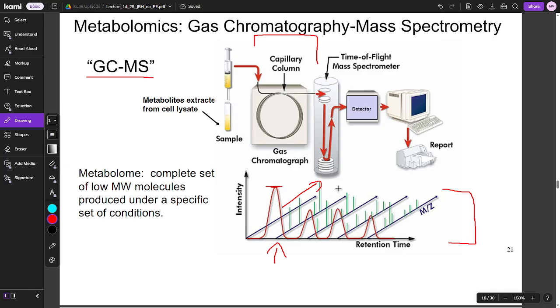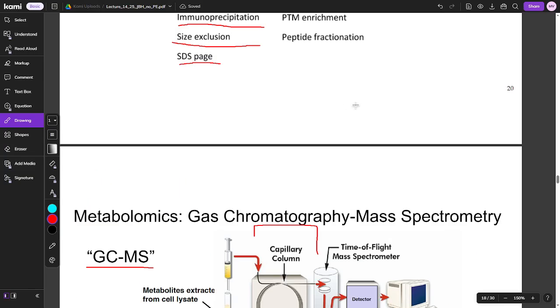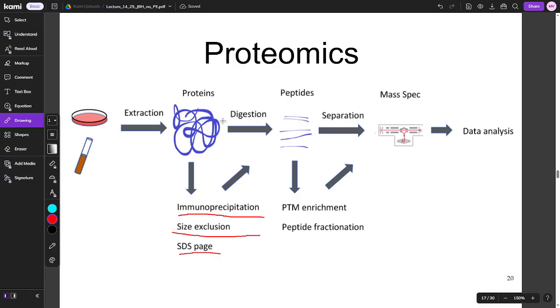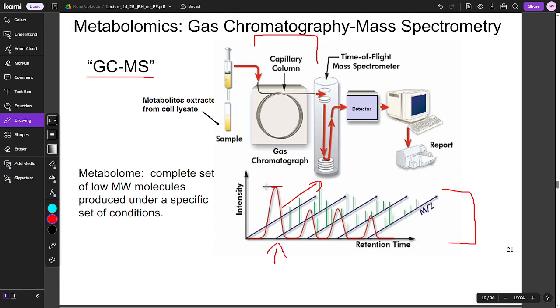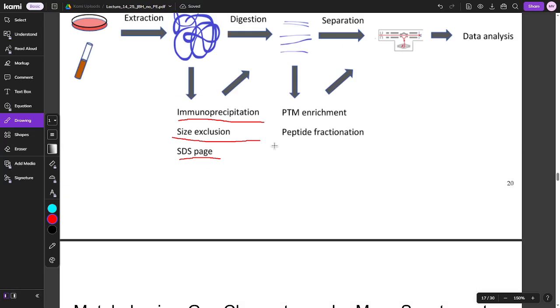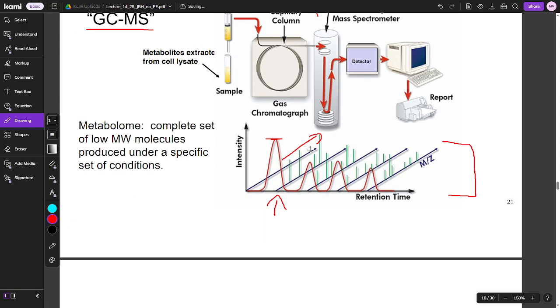So the idea here is that you do the same thing as you did up here, where you take the protein and digest it. The only difference this time is you're boiling it, with gas chromatography. And it's going through this detector, and this detector is picking up the different proteins and different molecules in the solution as they pass through.